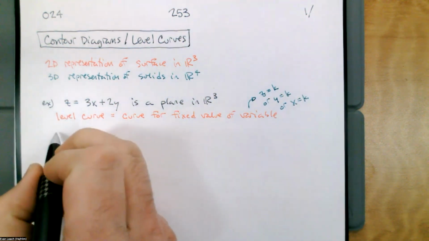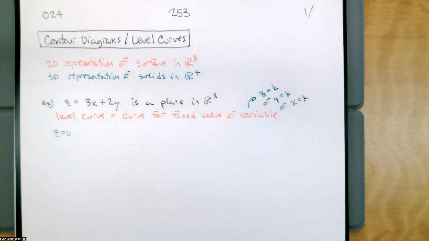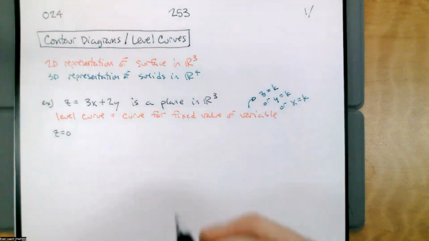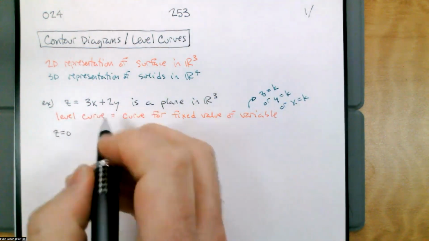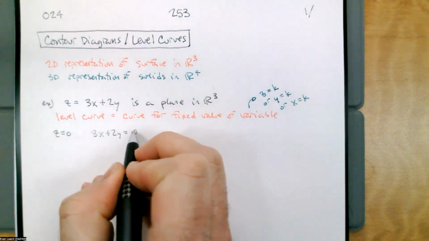So for example, if I fix z at 0, k represents any constant value. I use k for our constant. I like to use the mortal constant. Because every time I write it down, I get to think in my head, mortal constant. Great. So we're going to take z equals 0, and then that results in 3x plus 2y equals 0.